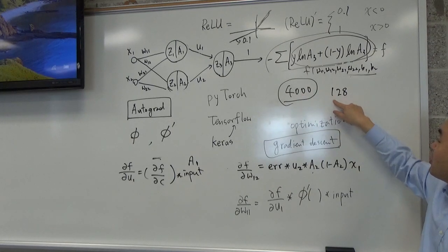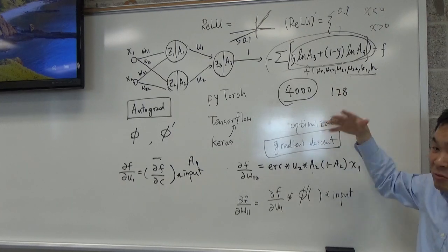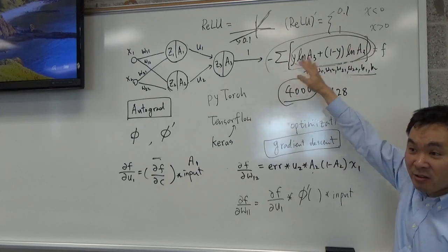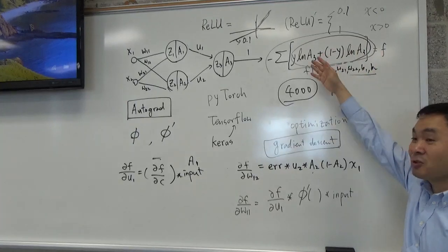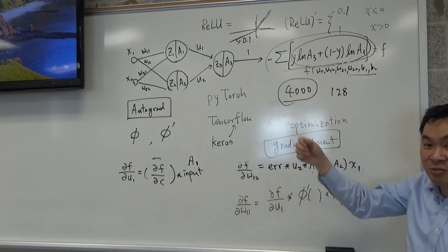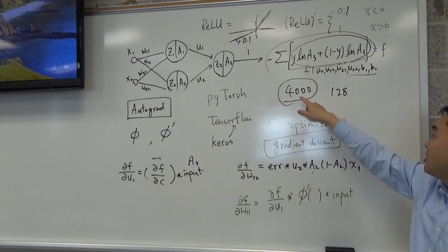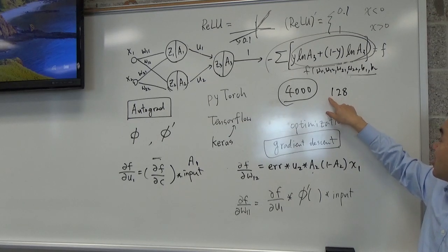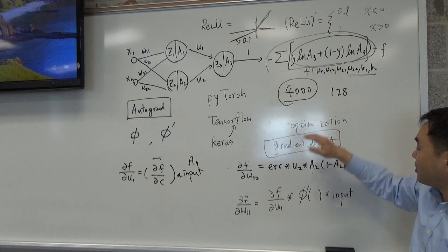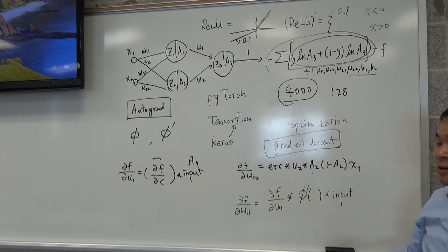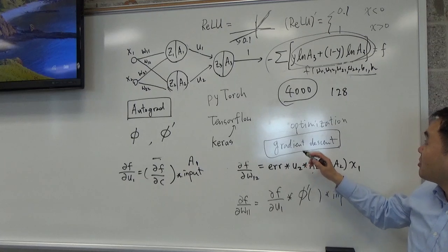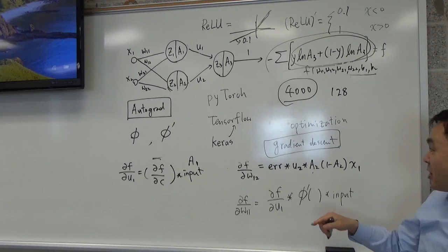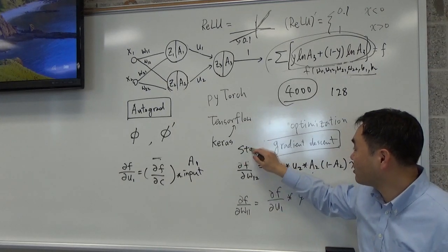We'll just take 128 samples from the 4,000 and add up this much to compute the gradient, which is not the perfect gradient, but it's good enough because this 4,000 is shuffled up. And then you just get chunks of 128, calculate this, do the gradient descent, and then you keep going. And that kind of gradient descent, because you're just sampling and then taking the gradient descent from there, is called stochastic gradient descent.